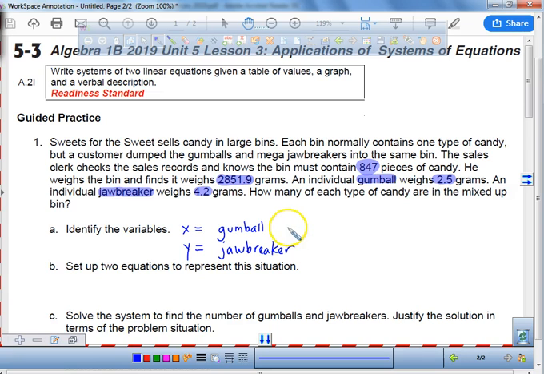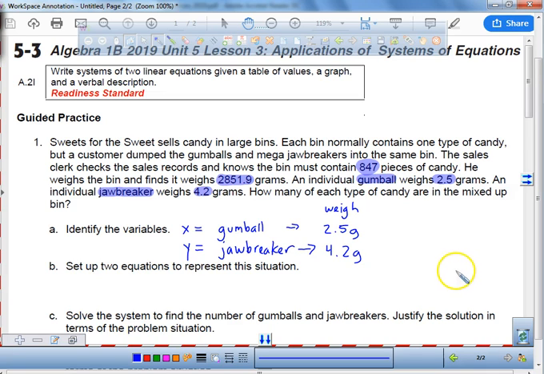Now, something I need you to be aware of: how much does one gumball weigh? Jot it down. That's going to weigh 2.5 grams. And the jawbreaker weighs slightly more, 4.2 grams. So we're identifying how much they weigh.